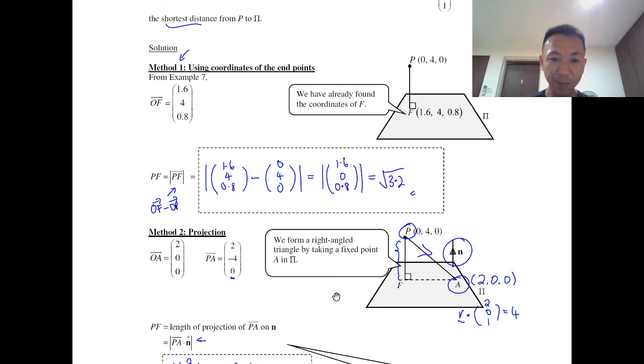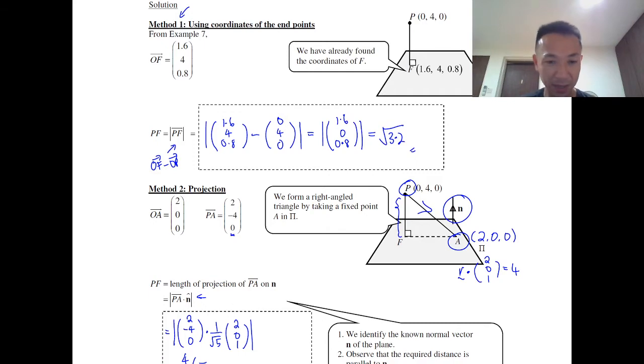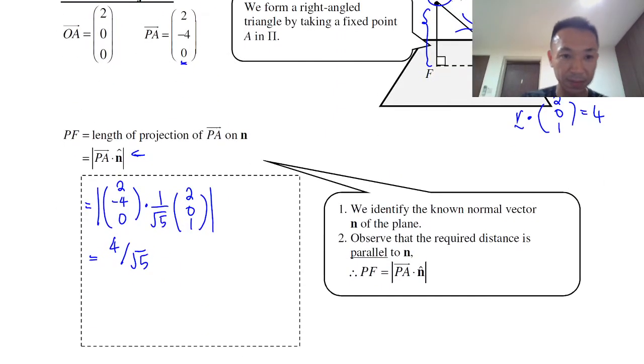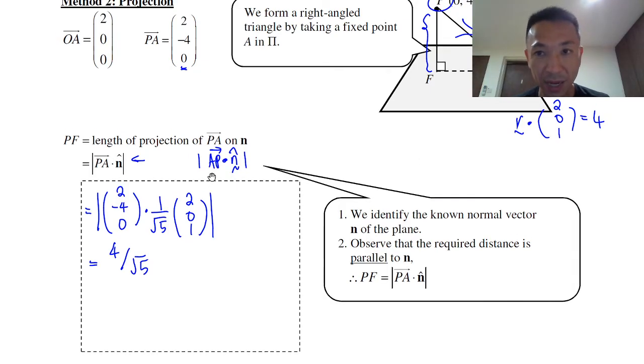If you want to find AP, is it okay? Will I still get the length of projection, which is the length PF? Yes, it's absolutely fine. Whichever direction, because all I'm interested in is length. You must be very clear. It is fine. Okay?